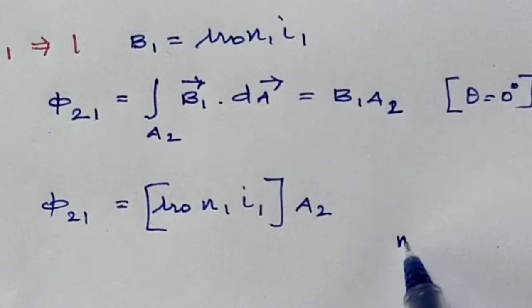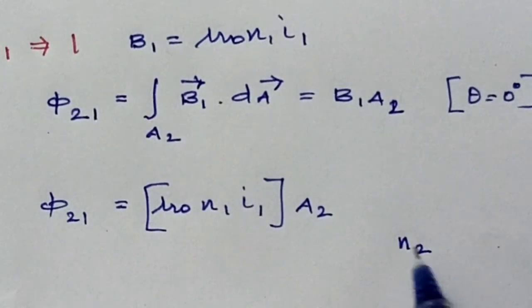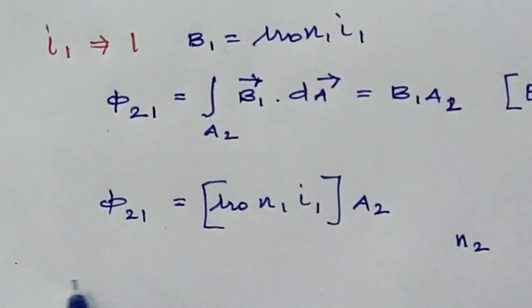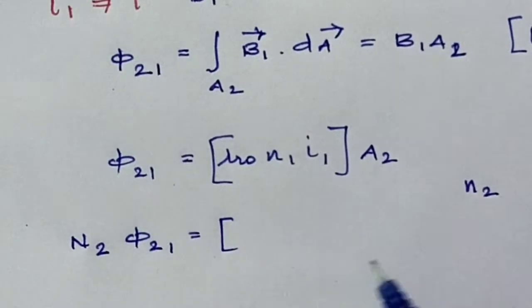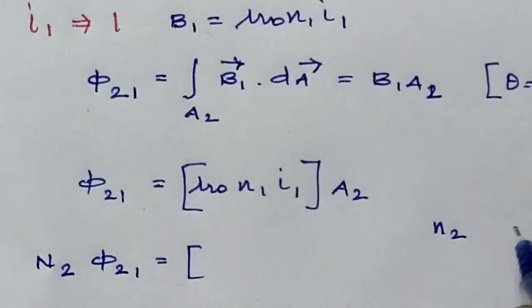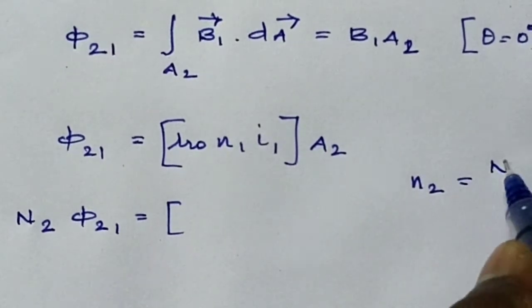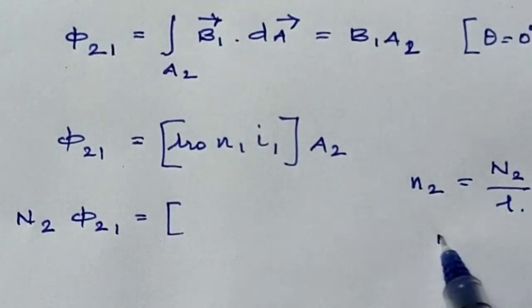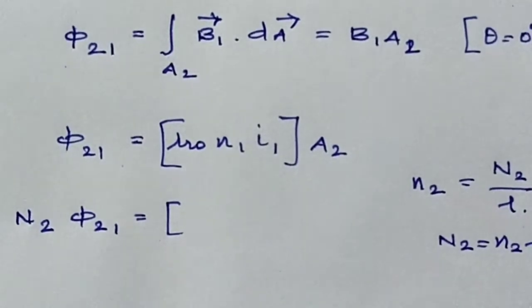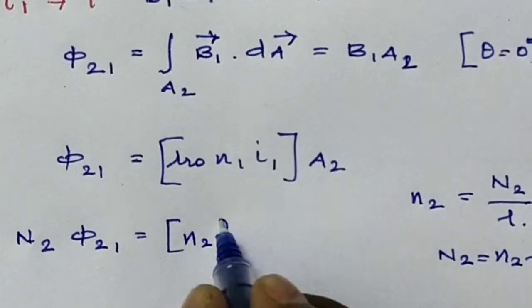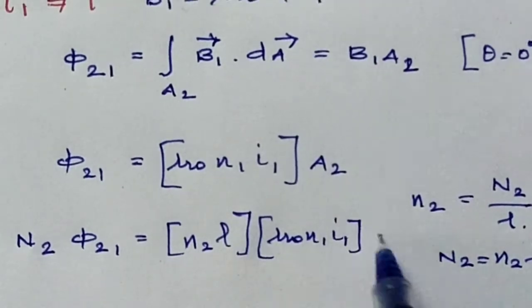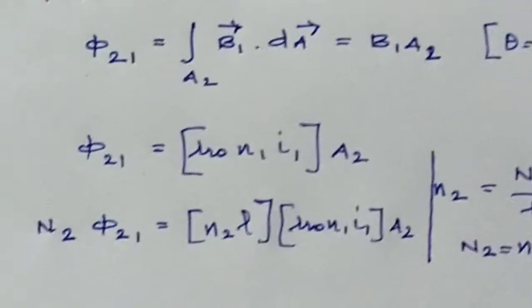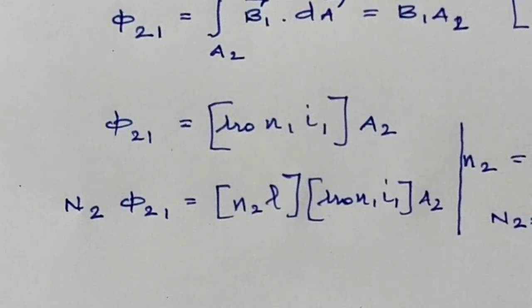Substituting that value, the flux linkage N2 phi21 equals N2, and we know the number of turns per unit length is n2 equal to N2 by L, so N2 equals n2 L. Substituting that value, we get n2 L mu naught n1 I1 A2. Finally we get the flux linkage with solenoid 2.